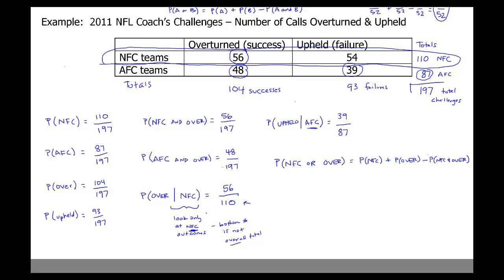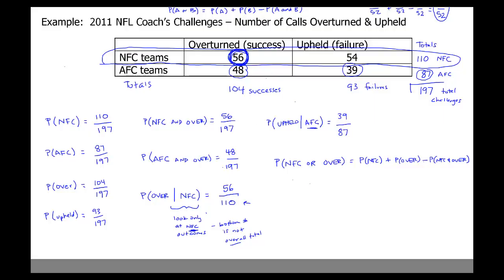The reason we need to include that is because if you look in our table, there's going to be some overlap, because there are 56 outcomes that were from the NFC and overturned. So we don't want to count them twice.